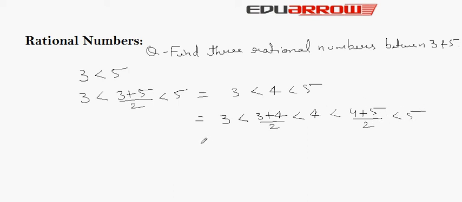Now we will calculate it. 3 is less than 3 plus 4, 7, that is 7 by 2, is less than 4, is less than 4 plus 5, that is 9, 9 by 2, is less than 5. So here 7 by 2, 4 and 9 by 2 are three rational numbers between 3 and 5.